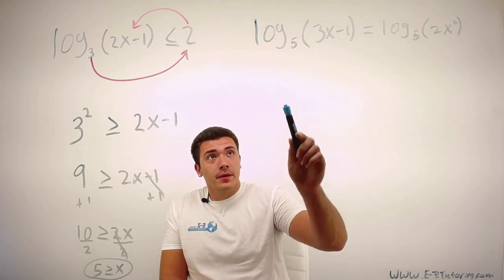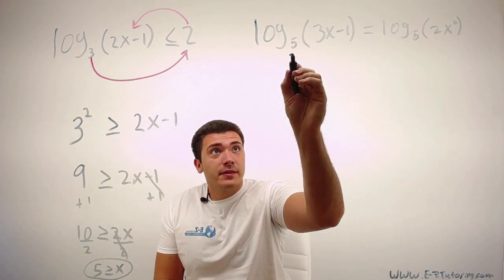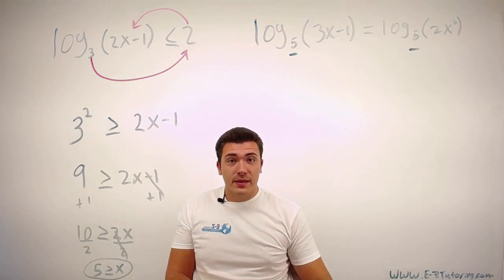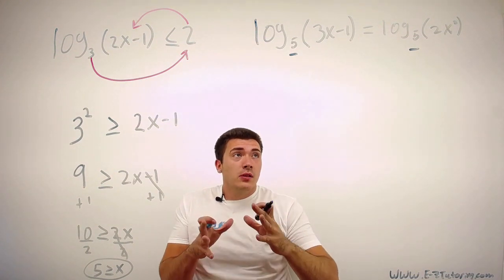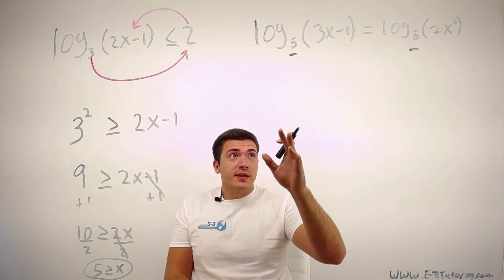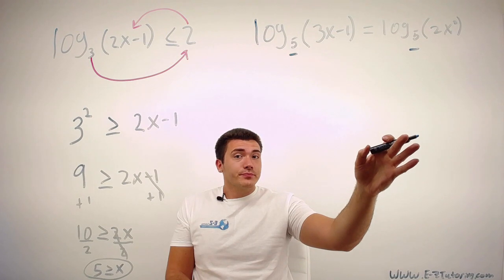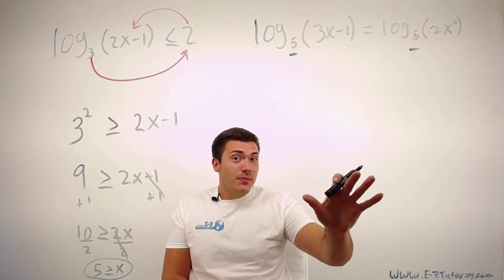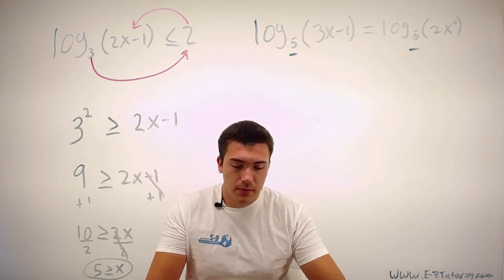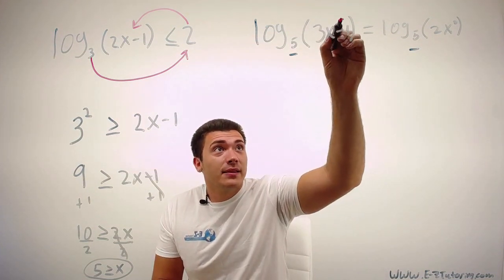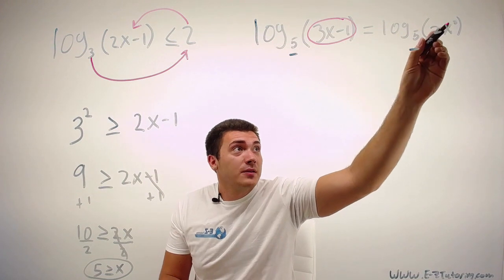Check it out. These logarithms have the same exact base. One log on each side with the same exact base. So what does that tell you? If everything else is the same, then therefore, whatever's inside the logarithms must also be the same.